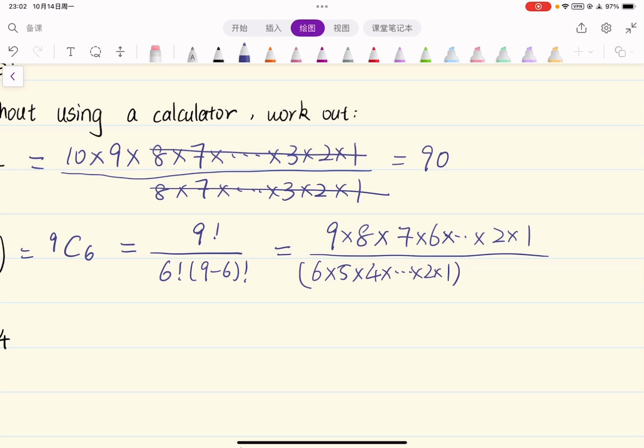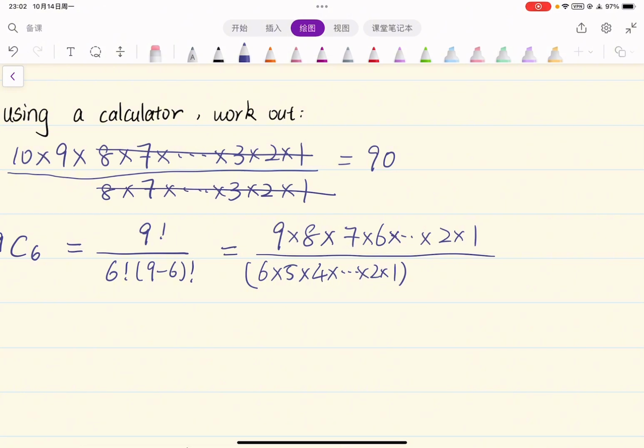That is for the 6 factorial. And 9 minus 6 is 3, and 3 factorial is 3 times 2 times 1.